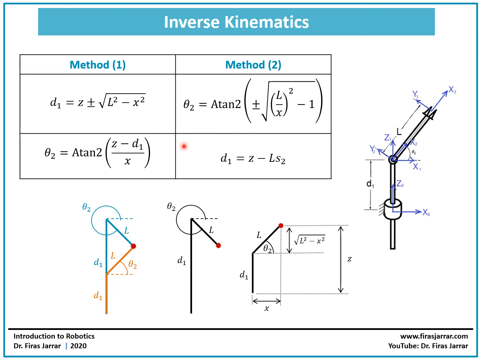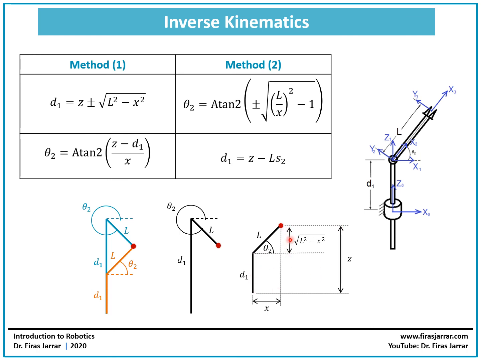Now, one way to verify your solution is to think about the graphical approach. For example, here we look at method 1. According to the formula, d1 is equal to z plus minus the square root of L squared minus x squared. So let's look at it here. This is z. This is d1.